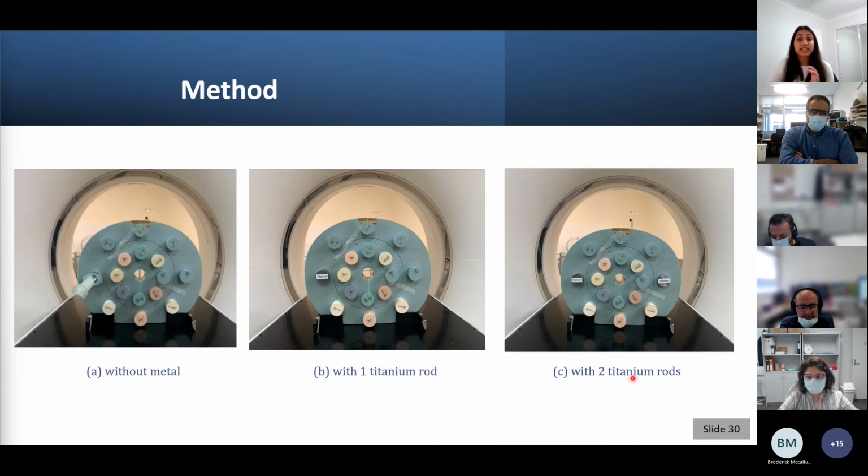We used a circular VOI of a fixed diameter, and the CT number difference was then calculated by subtracting the CT number obtained without any metal inserts from that with metal inserts, corrected with and without the SEMR filter.